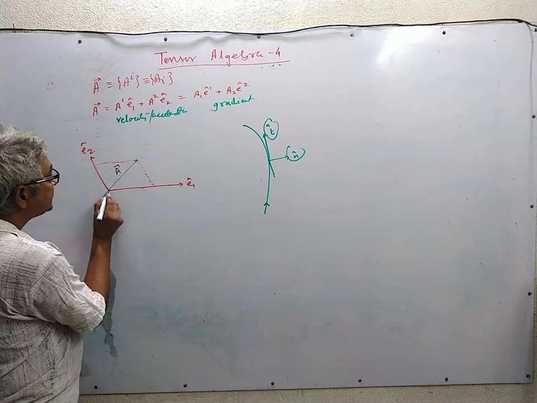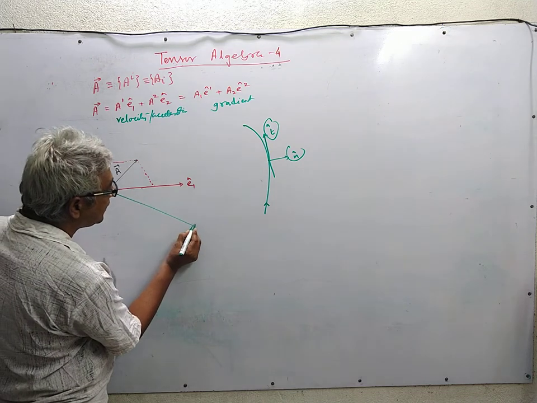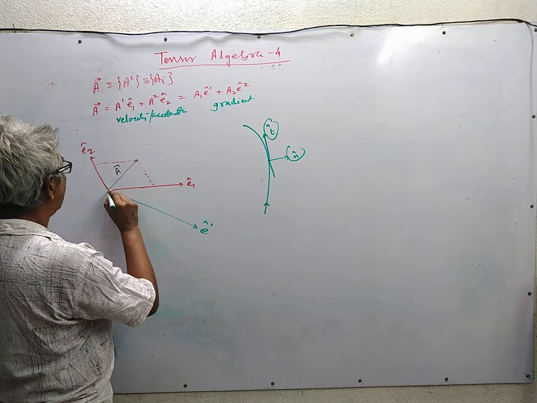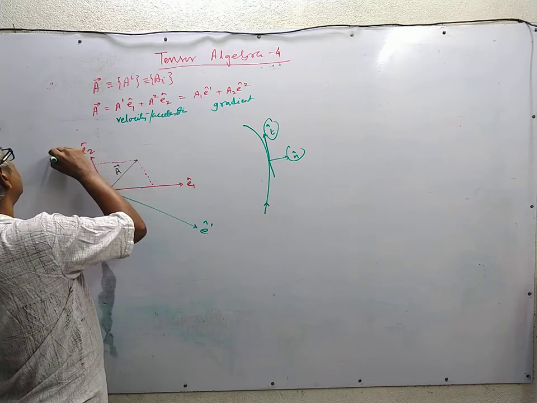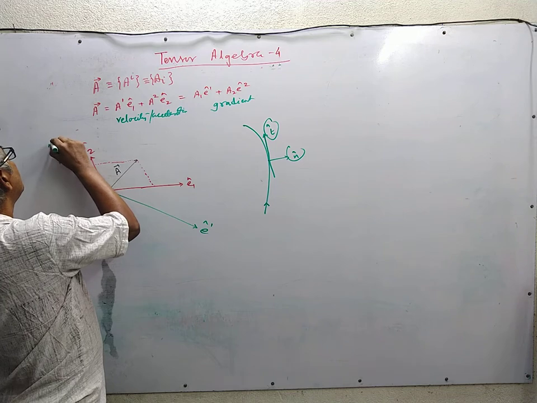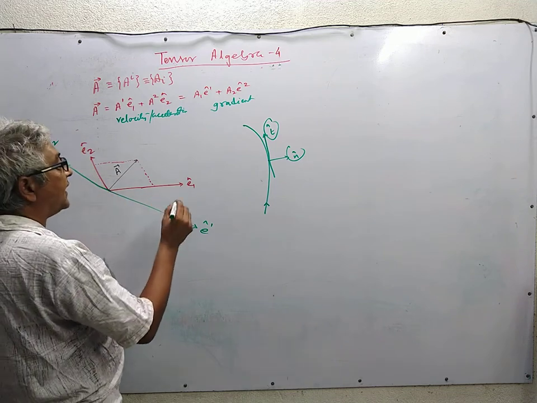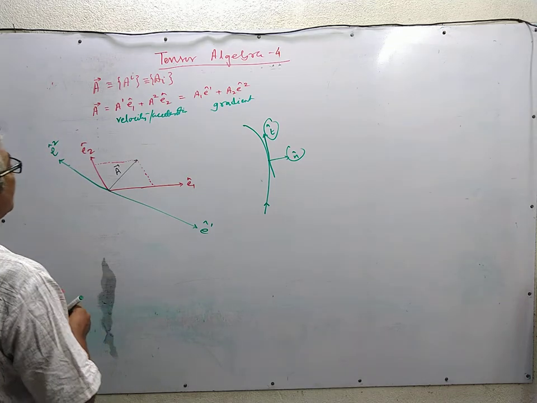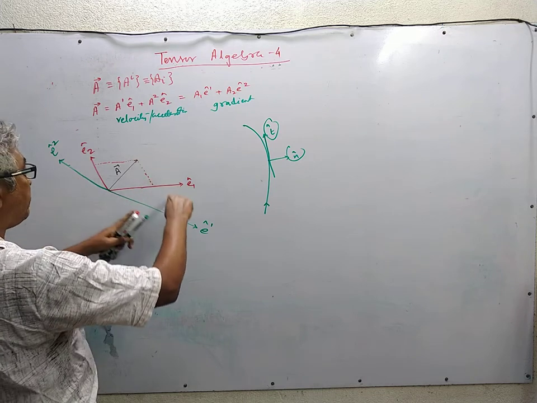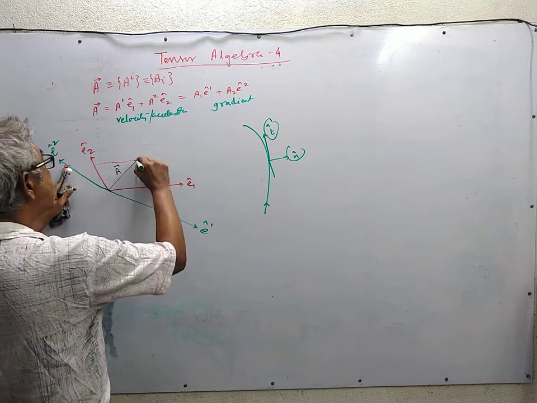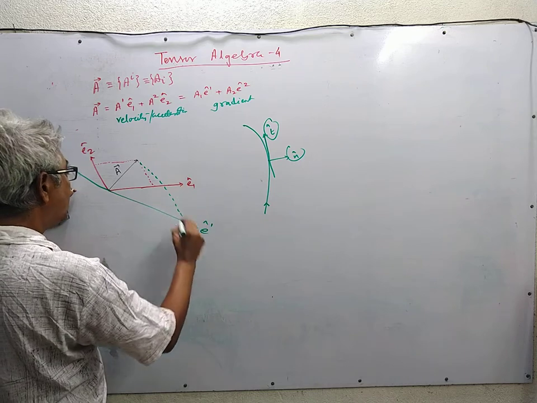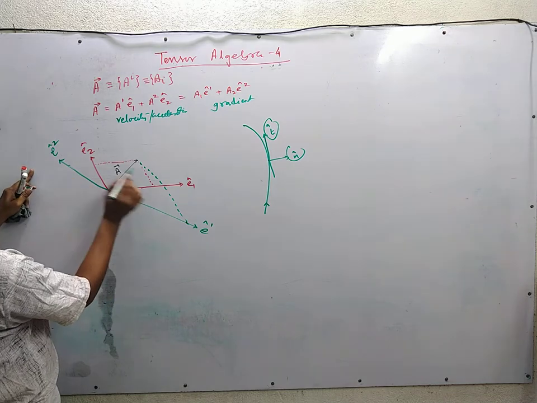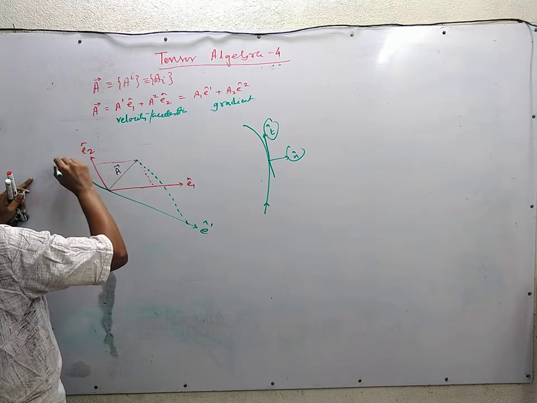Let us consider this is the normal vector, and this is the P2 vector. So these are tangent vectors and these are normal vectors. What we do is draw a line parallel to this, and another line parallel to this line has to be extended.